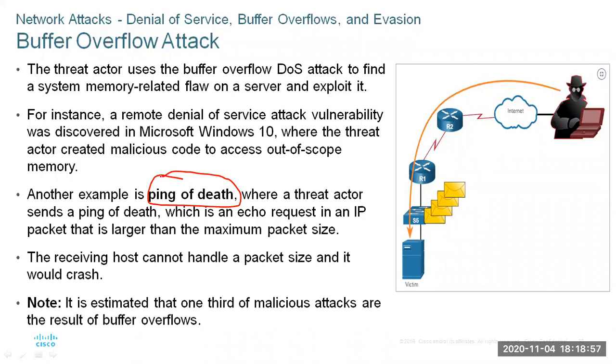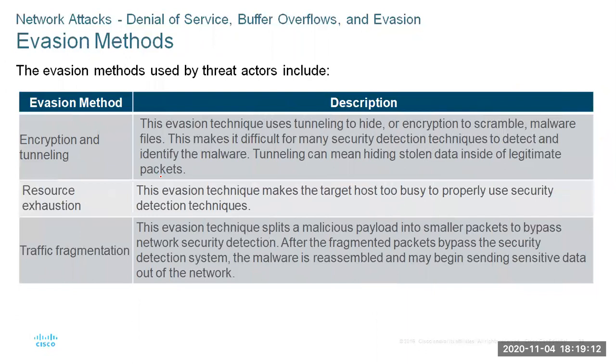So when you are sending millions of these pings steadily and consistently, and you're sending them from multiple devices, that's the ping of death. We've talked about denial of service and buffer overflows.